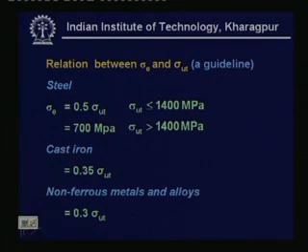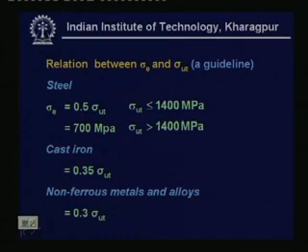Now, this is a guideline where for most steel materials, one can say that this sigma endurance limit is 50% of the sigma ultimate strength, provided the ultimate strength is below 1400 megapascal, and it takes a value of 700 megapascal whenever the ultimate strength is beyond 1400 megapascals.